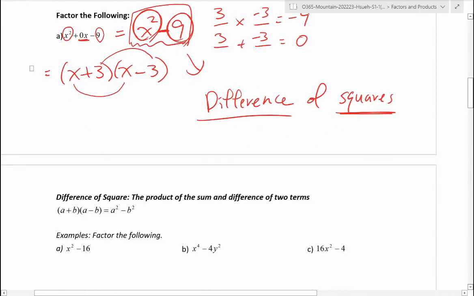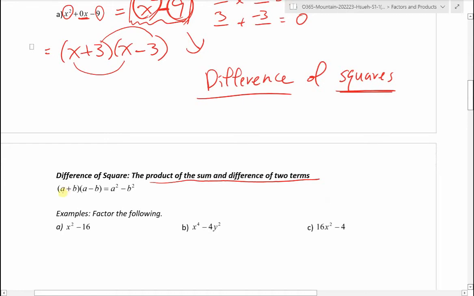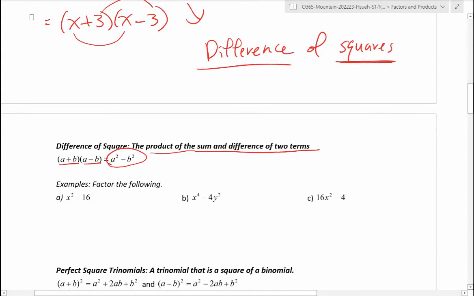The order doesn't really matter. So the difference of squares is the product of the sum and difference of two terms. Sum of two terms, a plus b, and difference of the same two terms, a minus b. And if you multiply those two together, it actually gives you the difference of squares. Okay, a squared minus b squared.